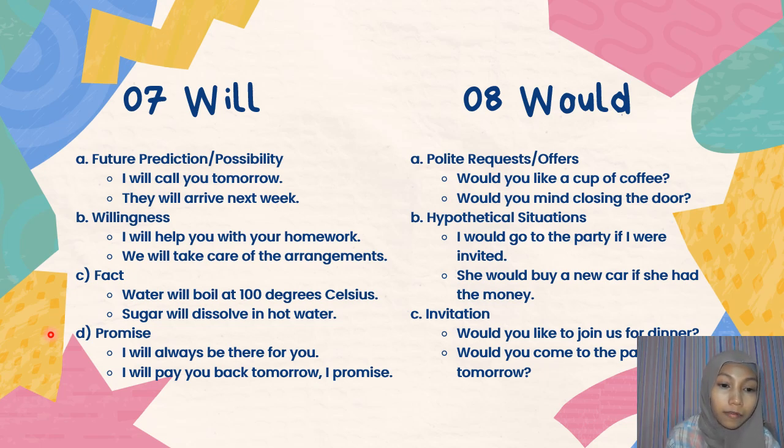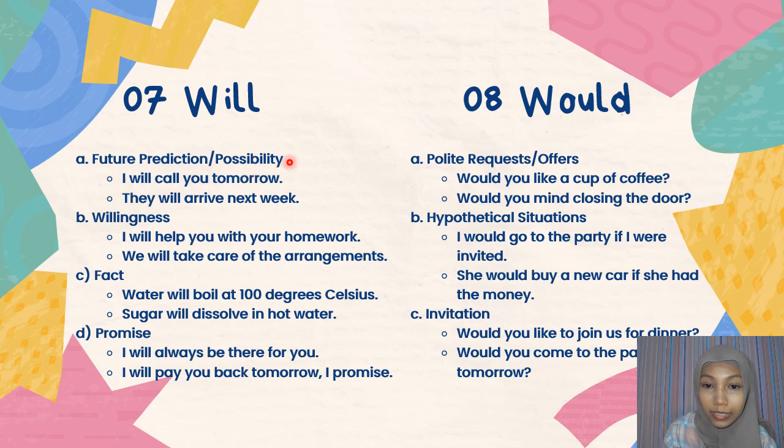Next, fact. Will is used to indicate something that is always true in a certain context. For example, water will boil, sugar will dissolve. And next, promise. I will always be there for you. I will pay you back tomorrow. I promise.